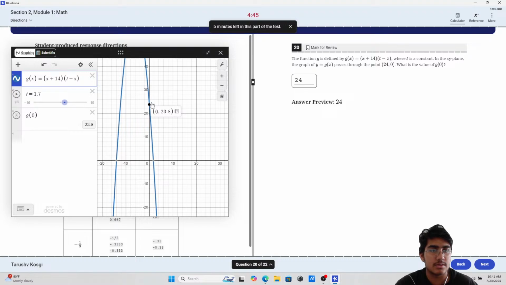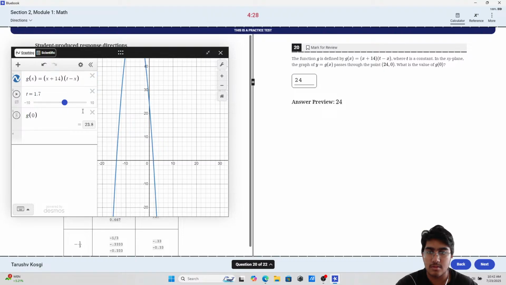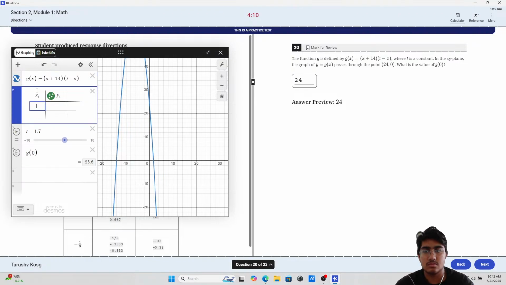Oh, yeah, actually, degrees. Okay. Wait, no. When y is 0, x is 24. When x is 0, come on. X1 is equal to 24, y1 is equal to 0.